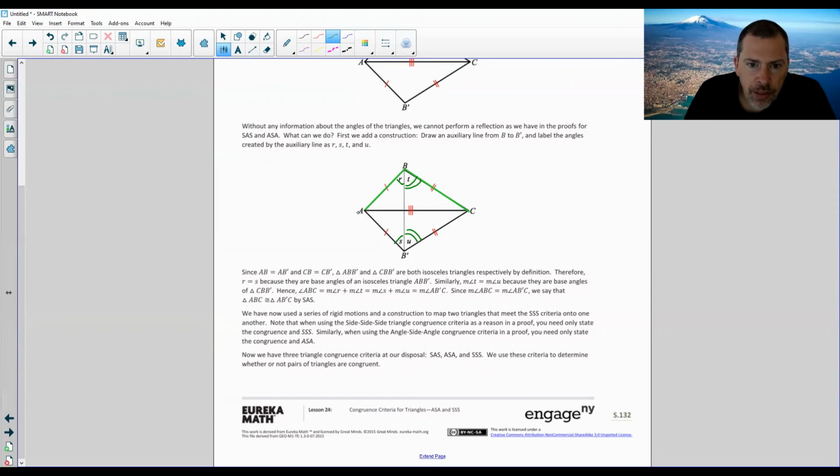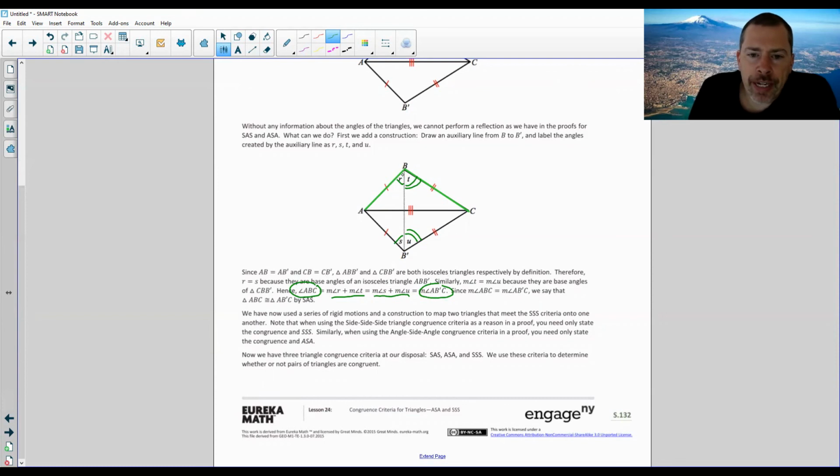So if R plus T equals ABC, then S plus U equals AB prime C. And R is equal to S and T is equal to U. So now we can say that R plus T is equal to S plus U, which means that angle ABC is equal to angle AB prime C, because AB prime C is equal to S plus U. So therefore, by transitive, if A equals B and B equals C, then A equals C. There's another equal sign in there, but anyhow.